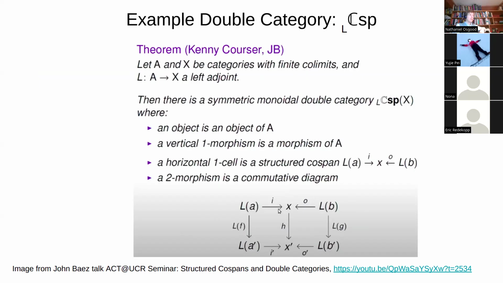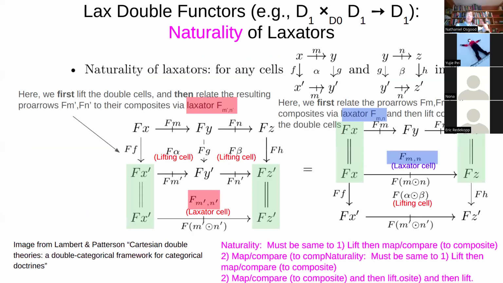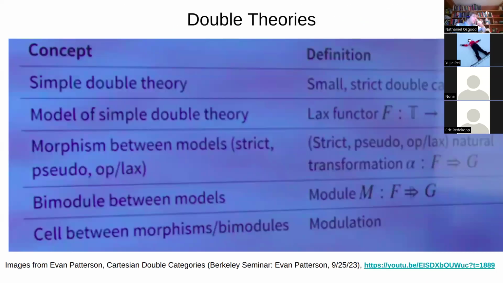So we have this ability to reason about sticking them together with structured cospans. We have this ability to reason about homomorphisms between them, two types of morphisms. And that's nice. But it's also this other thing I mentioned, that because we have categories, we can capture compositional structure.